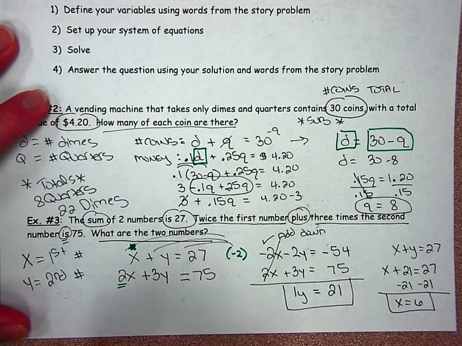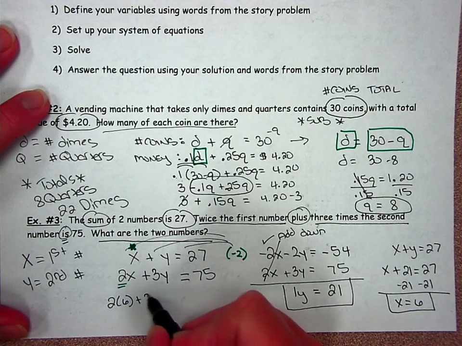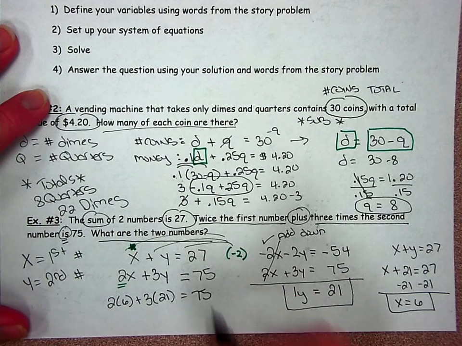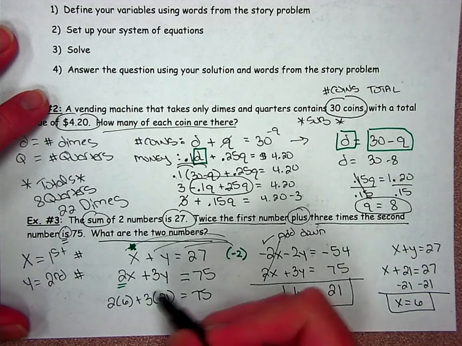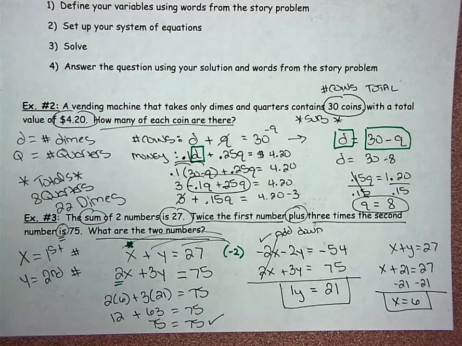And then if you plug it back in, so 2 times 6 plus 3 times 21 should equal 75. 12, that's 63. 12 plus 63, yep, that's 75. So that's all good. So that's how you would set up and solve some story problems.